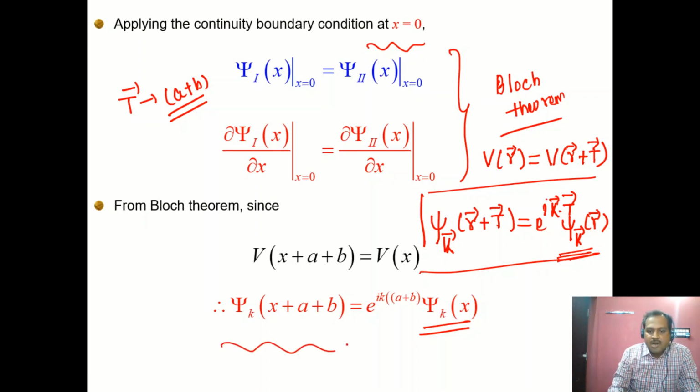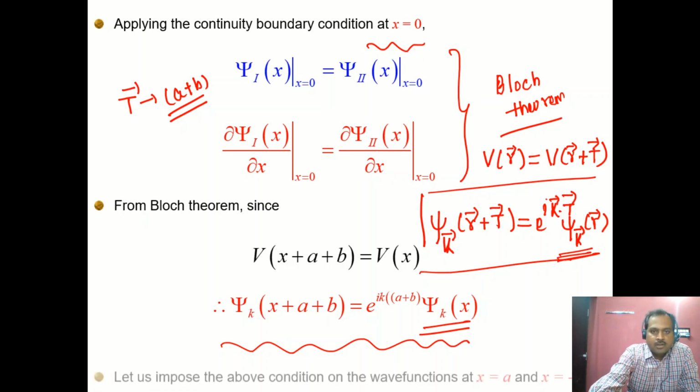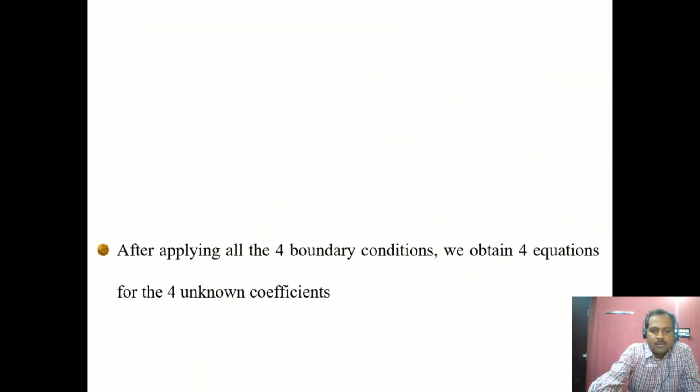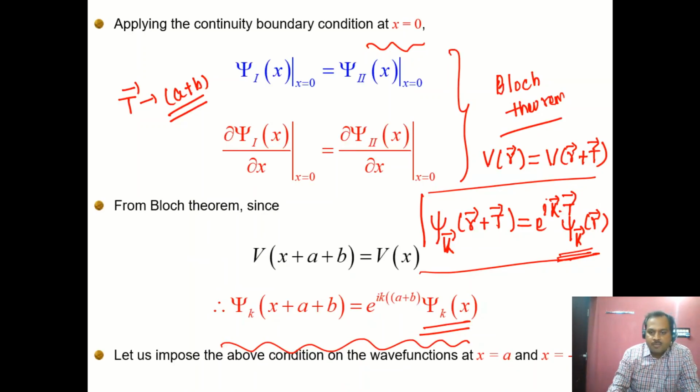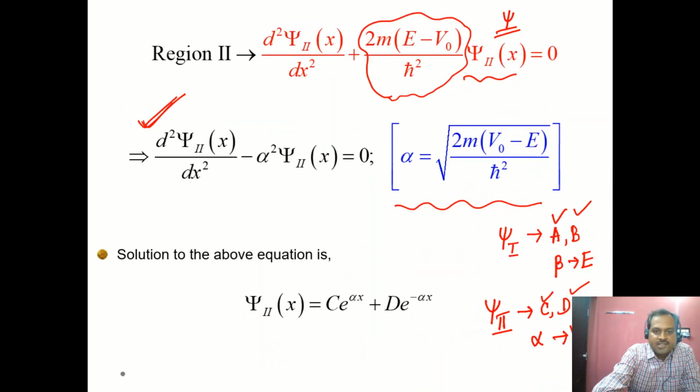We are having this particular expression from Bloch's theorem. Now we can apply this at the boundary condition for psi 1 and psi 2, at the points x equal to a and at x equal to minus b, because the periodicity is a plus b. Let me go back to the initial diagram here.